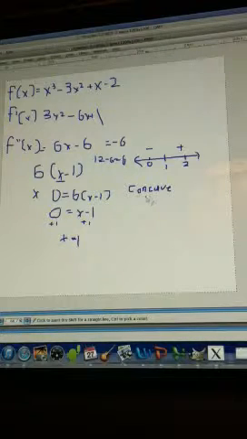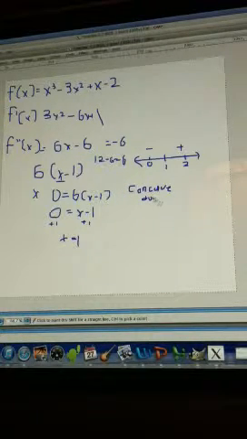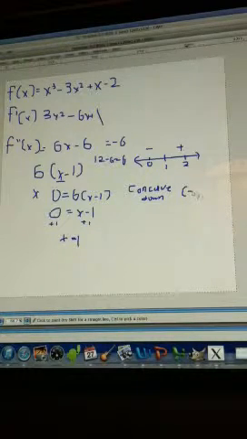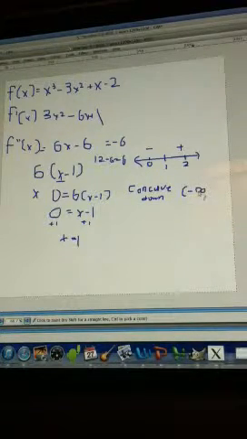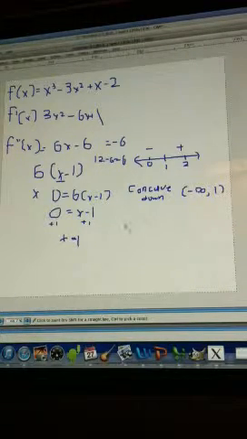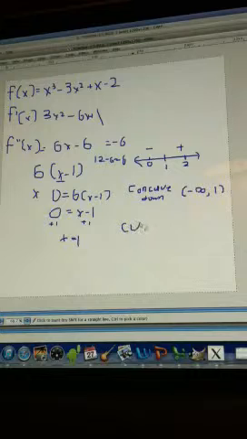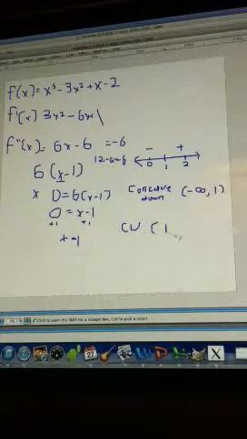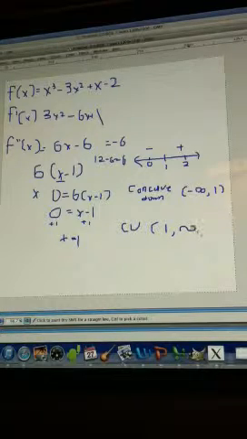Concave down from negative infinity to 1, and I'm just going to abbreviate, concave up from 1 to infinity.